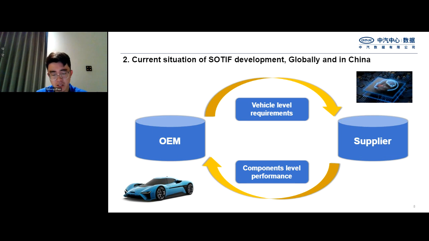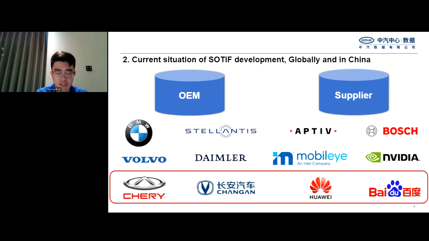Typically, OEMs focus on vehicle-level development and testing, and suppliers focus on component-level development and testing. Globally, we have a lot of OEMs and suppliers making great efforts in this area, for example BMW, Volvo, and for suppliers, Aptiv, Bosch, et cetera.